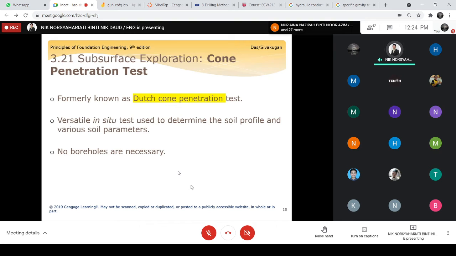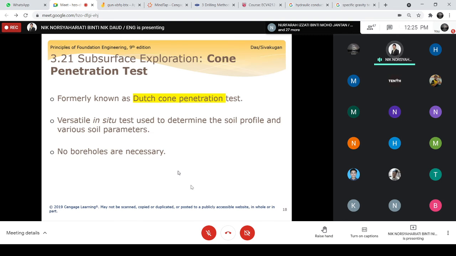Then we move on to the cone penetration test. Okay, so before this was the vane shear test, now we move on to the cone penetration test, also known as the Dutch cone penetration. We have this equipment in our lab, the CPT equipment, in order to get the sample and at the same time check the strength of the soil at site.